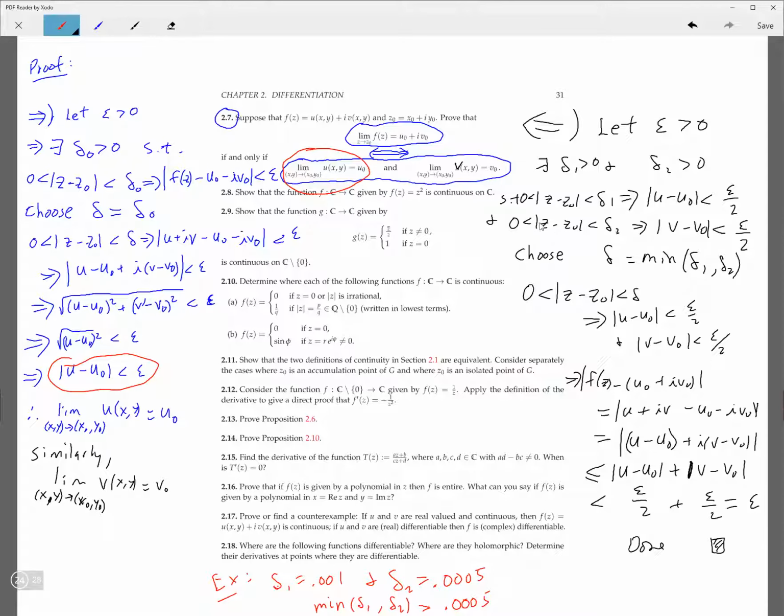But if this is less than delta 1, then it's going to be less than delta 2, okay? So that's why the minimum works. Because if you're smaller than the minimum, then you're smaller than this and you're smaller than that, no matter what. And so these two conditions carry over. Okay, great.